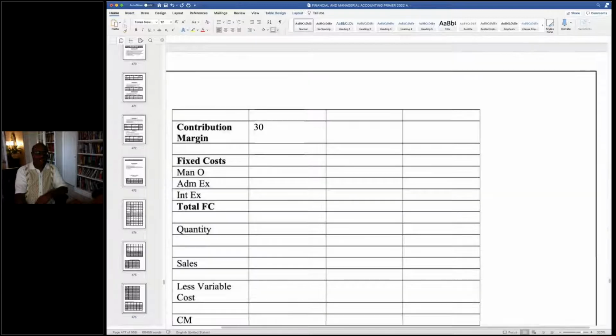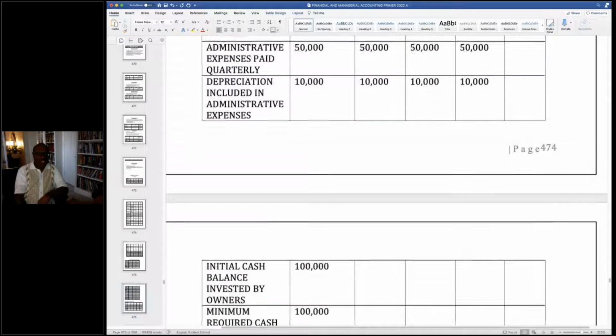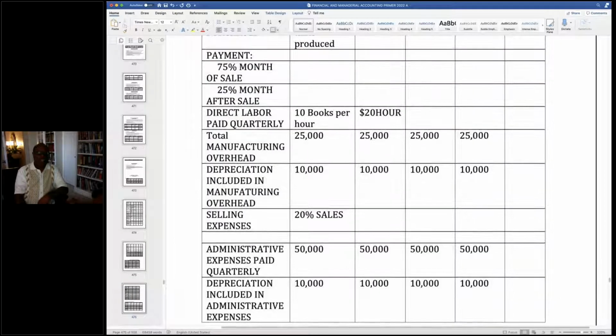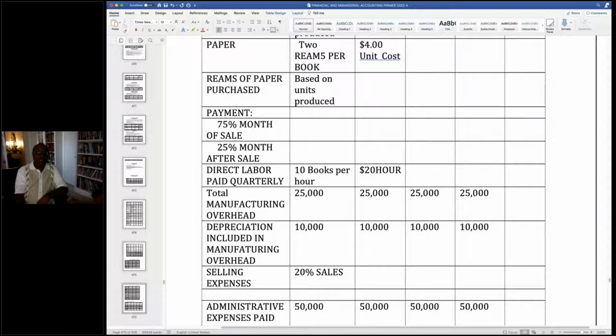Now we got to pick up our fixed costs, and our fixed costs are always going to be manufacturing overhead, administrative expense, interest expense. So we go back up here, manufacturing overhead. See, the overhead is $25,000 a quarter. Well, we need the total amount now for the whole year.